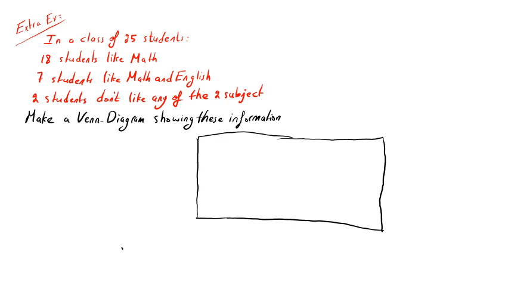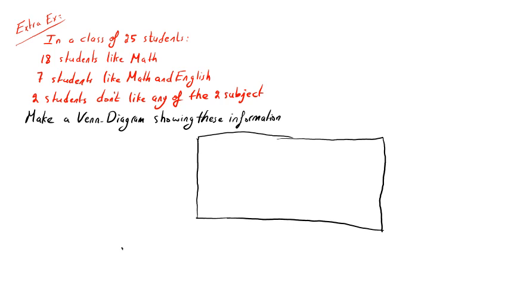Now we have an extra exercise. This is a new idea. The question is to represent some information as a Venn diagram and then answer some questions.